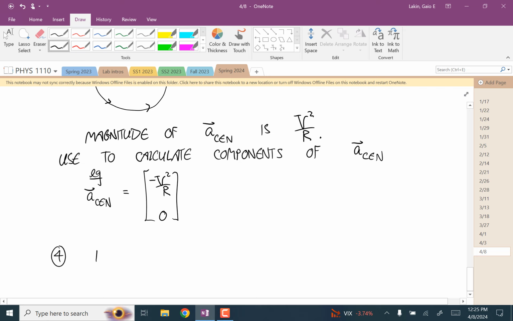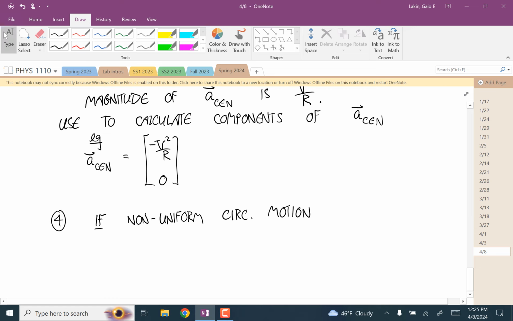Fourth, you only have to do this one if it's non-uniform circular motion. But if it's non-uniform circular motion, draw the tangential acceleration vector.